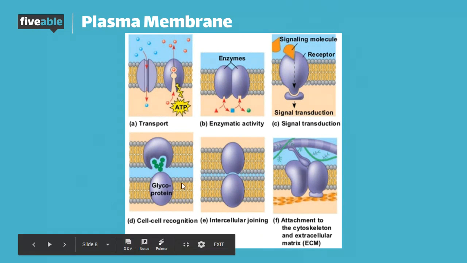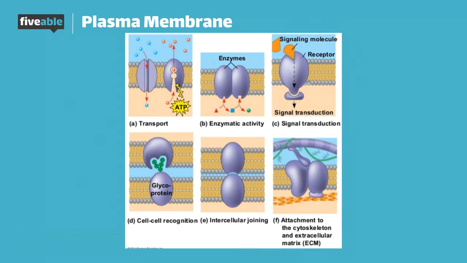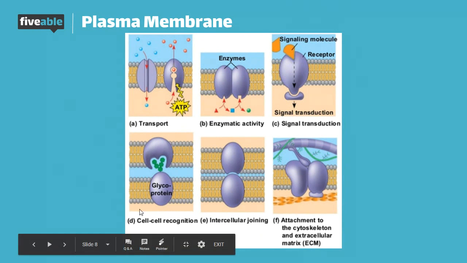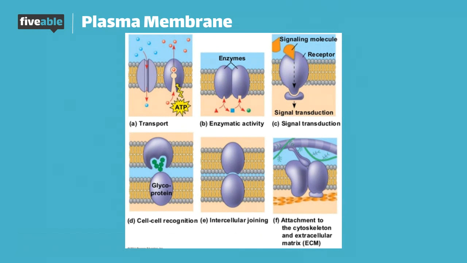Cell-to-cell recognition, cells talk to one another. It's a super important quality. So when we talk about the immune system, cells will recognize other cells based off of the proteins that are sticking off of them. Bacteria, when they're growing in small places, if they bump into another bacterial cell, they'll stop dividing, which is pretty crazy. But that's all done by these proteins that are on the surface.